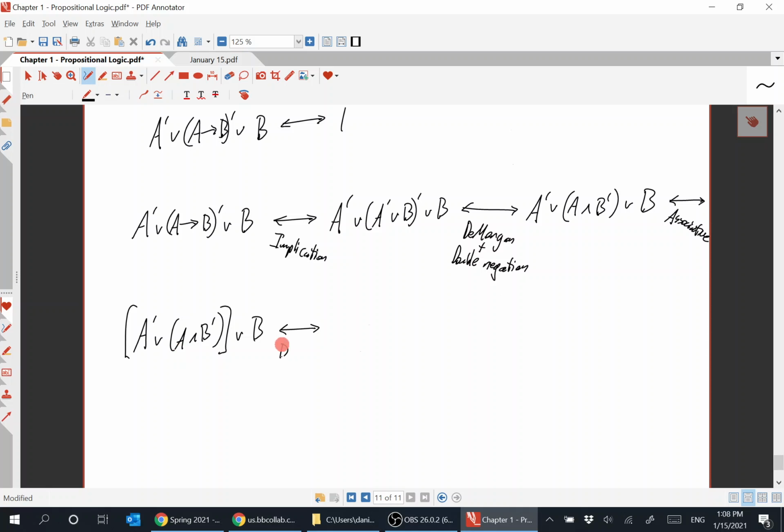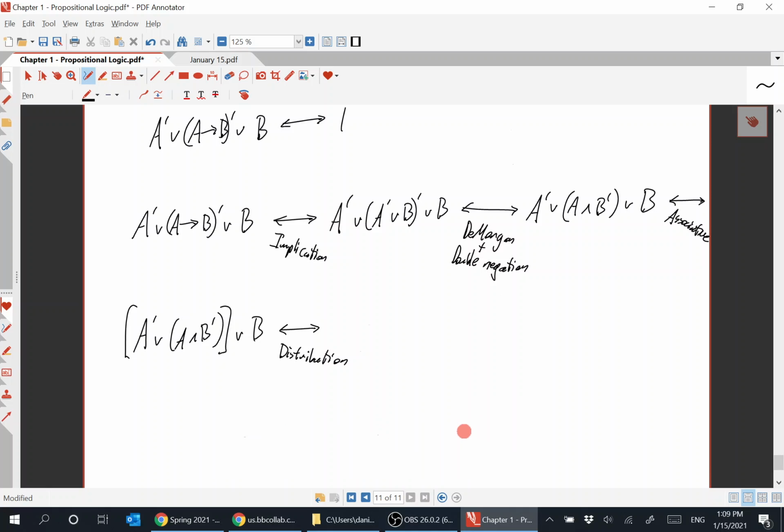Now I want to use distribution. So right, distribution was that P or Q and R becomes P or Q and P or R. So that's what I've got here.